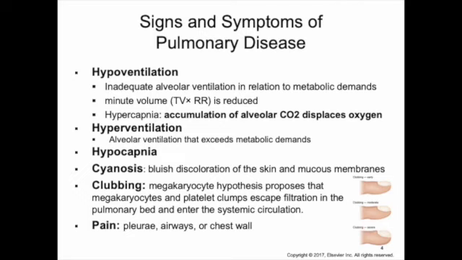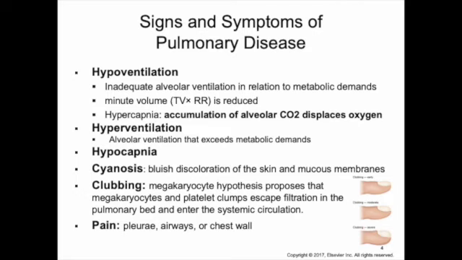Now, when someone has very pronounced hypoventilation, this can cause a patient to become very disoriented or very quiet. Secondary hypoxemia can also occur. Remember, this is oxygen in the blood. And this is because there is going to be an accumulation of your alveolar CO2, which then displaces the oxygen that's in your blood.